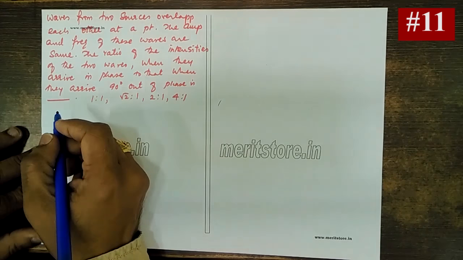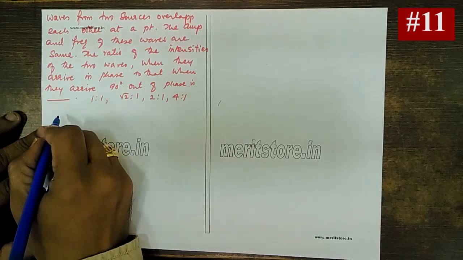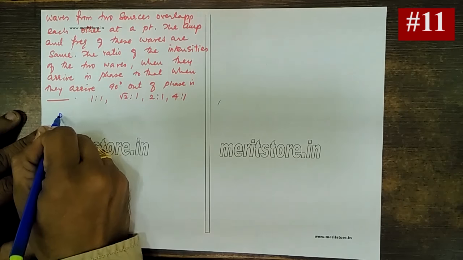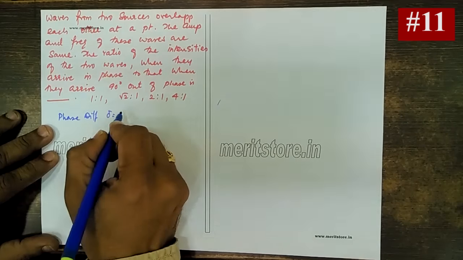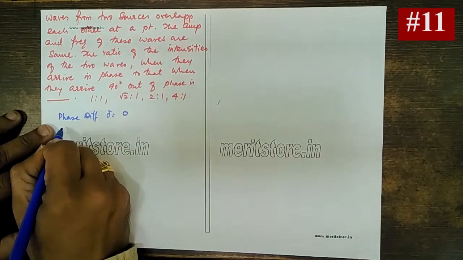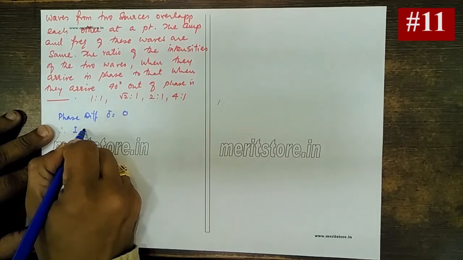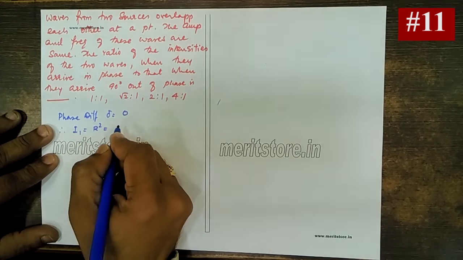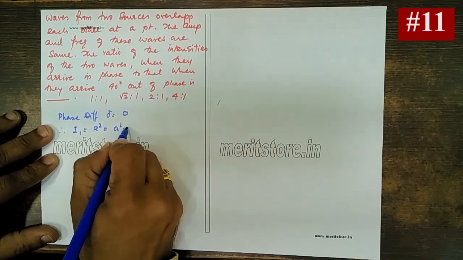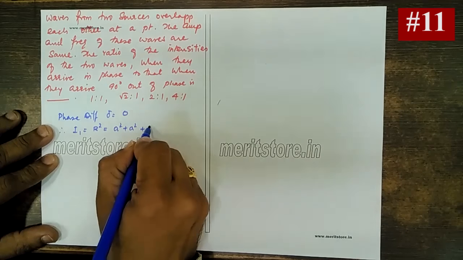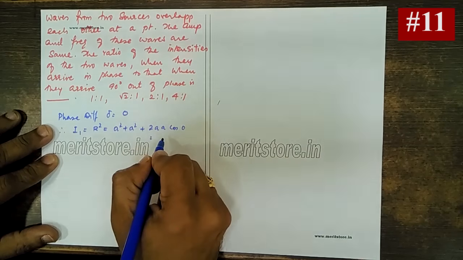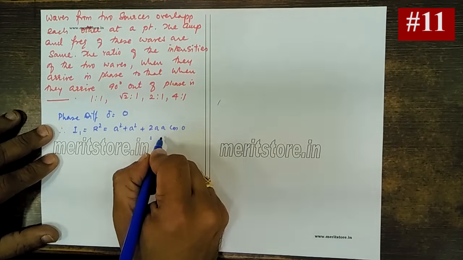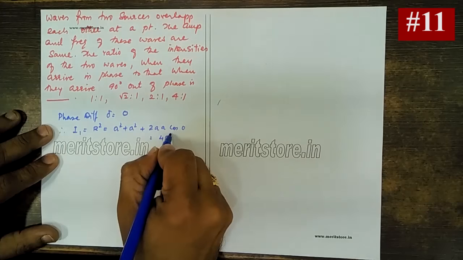Now for the waves arriving in phase, the phase difference delta is 0. Therefore say intensity I1, which is equal to R squared, will be equal to a squared plus 2aa cos of 0. So this comes to 4a squared.